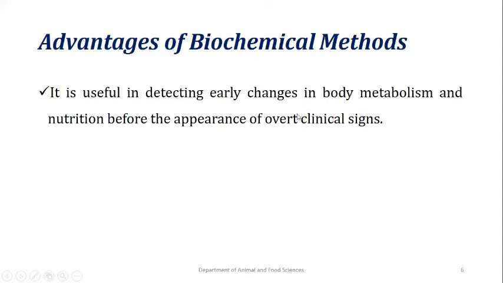The clinical signs that represent nutrition deficiencies appear after the deficiency has had a significant impact on the body. Through these biochemical methods we can identify the nutritional deficiencies before these observable clinical signs appear in our body. So it is very important. And biochemical methods are precise, accurate, and reproducible.